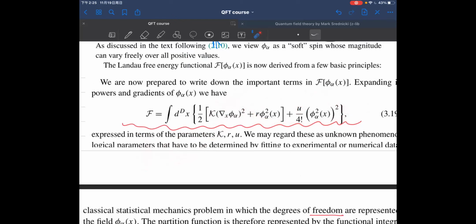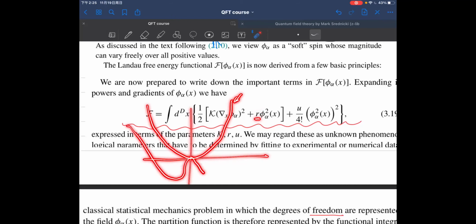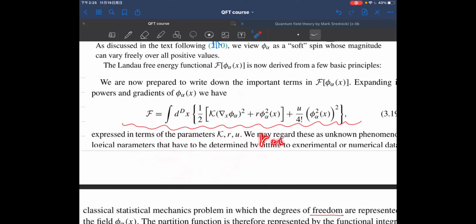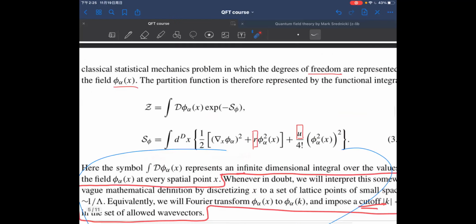Now when r is positive, the plot of F is like this one, and when r is negative, you see there is spontaneous symmetry breaking, then there is a phase transition. The critical value is r_c equals 0.